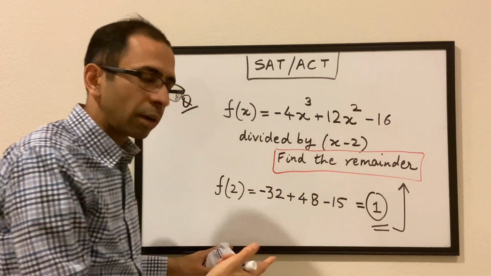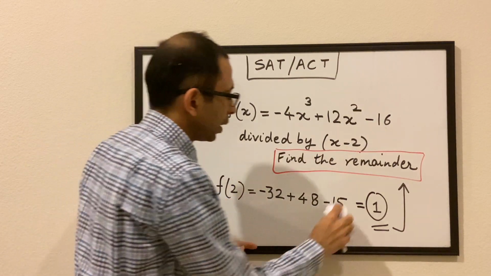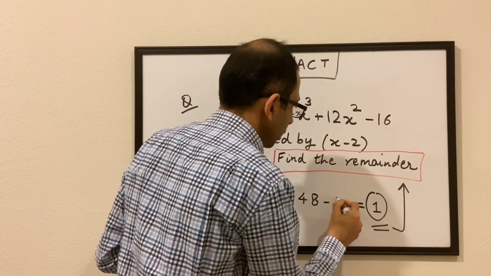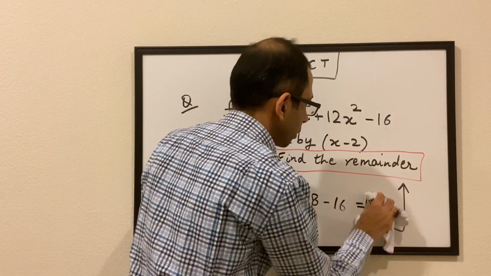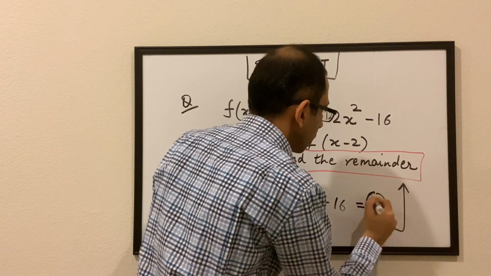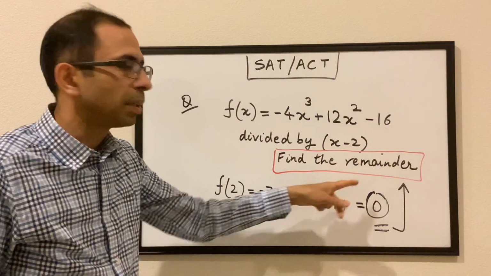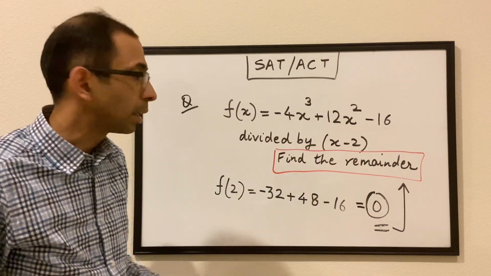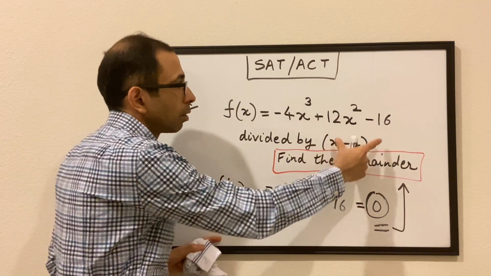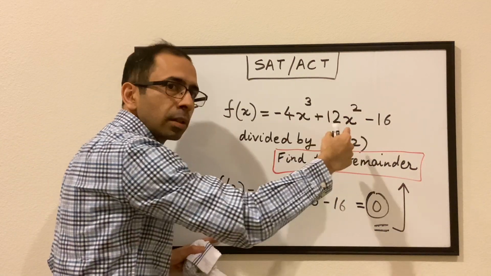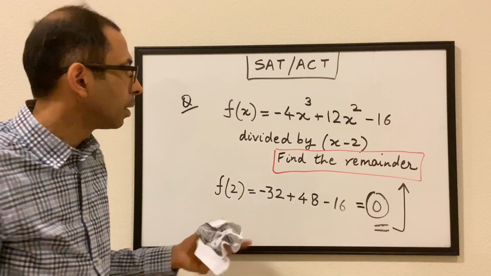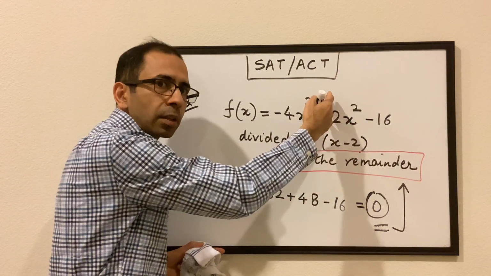Again, we have to find f of 2, and in that case f of 2 would be 0. Because f of 2 is 0, the remainder would be 0. Basically, what we are saying is that x minus 2 is a factor of this function, because if the remainder is 0, then x minus 2 is a factor.